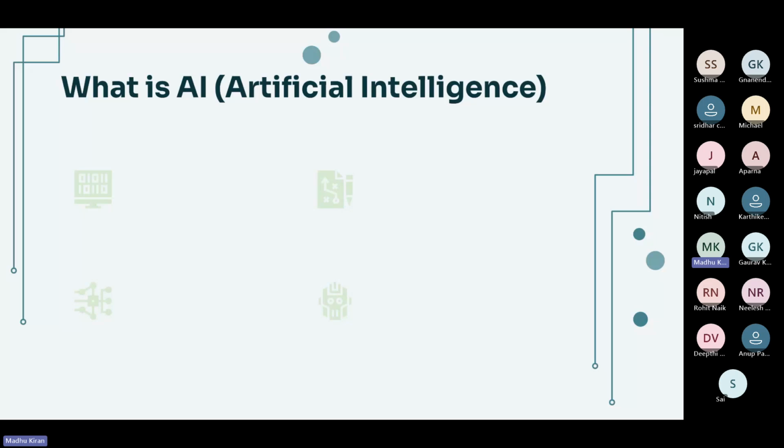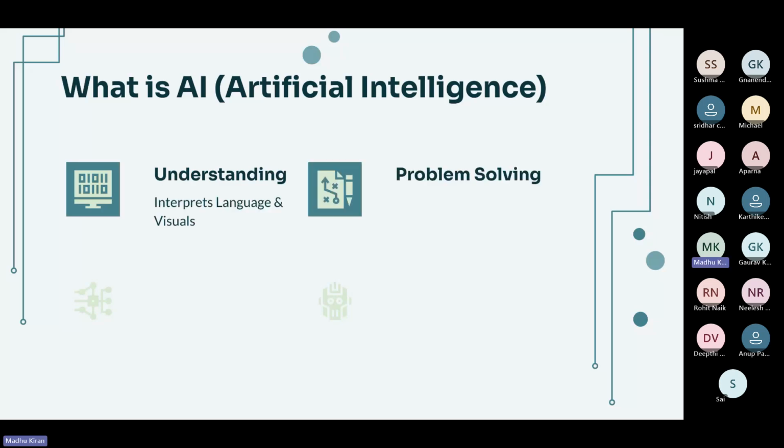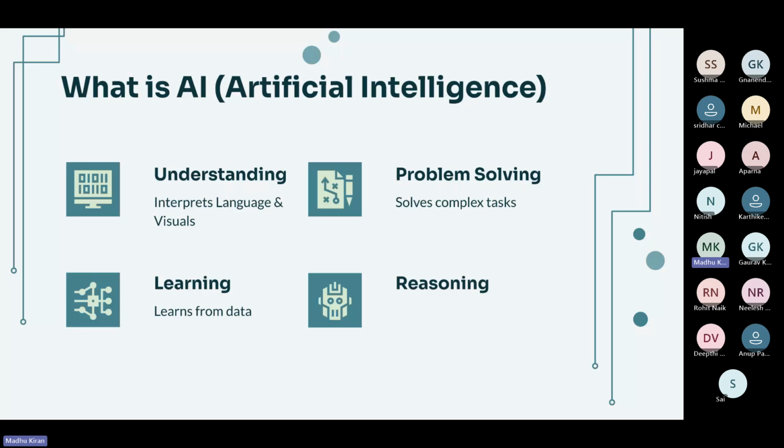Normally humans can recognize faces, now our phones are recognizing them. That's AI in action. To put it simply, AI can now understand, interpreting language or visuals, it can learn by studying patterns in data, it can reason by making logical decisions, and it can even solve problems, especially the kind that are too complex for humans to solve quickly.